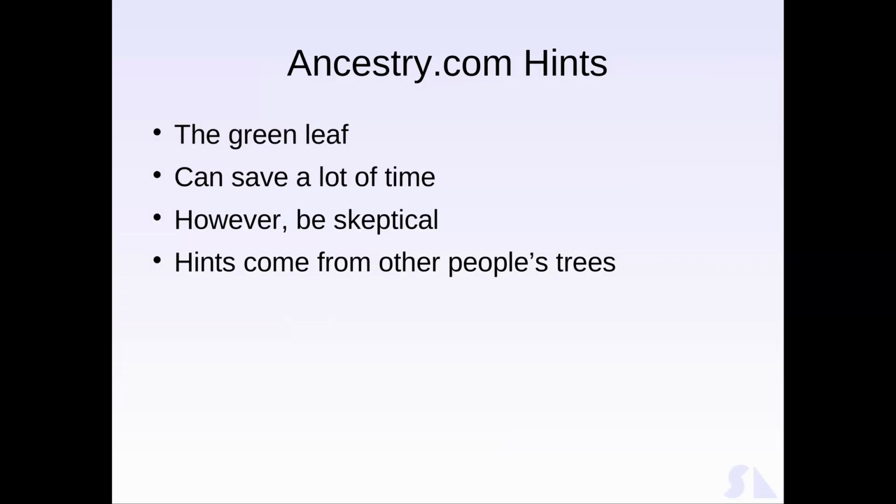They're great hints, but you have to be skeptical because some of them aren't always perfect, because they're based on trees that other people have built, and some people are more careful than others. Again, most of these hints are going to be good, but you will see a few here and there that lead you up the wrong path. So you always need to be skeptical of the hints, and just remember that these are hints, they're not assured information.